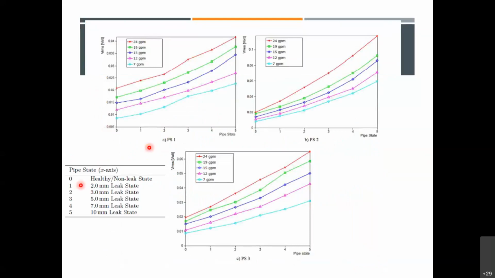If we look at the various pipe states, from 2 to 10 millimeter leak state, for 7, 12, 15, 19, and 24 gallons per minute, we should have done it in liters per minute, we have very nicely calibrated graphs that show the amount of leakage for the voltage for each of the sensors put in there, which is quite heartening to see.